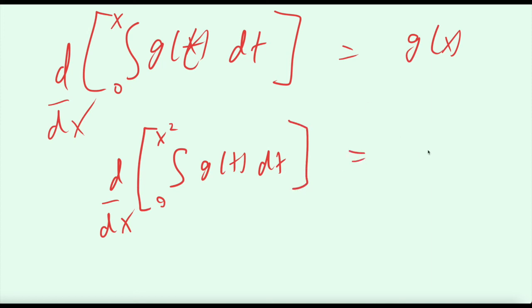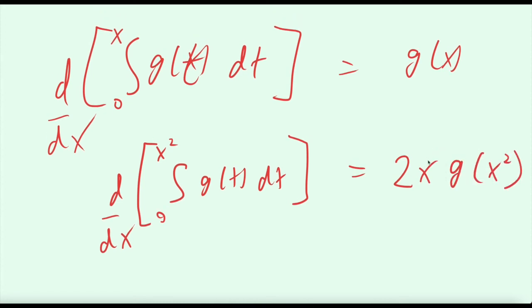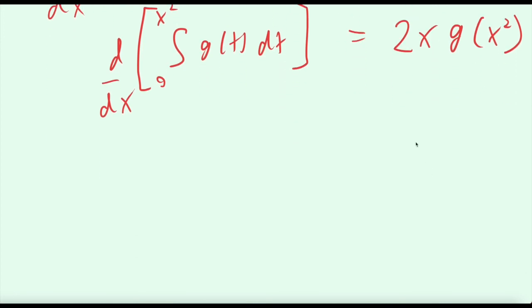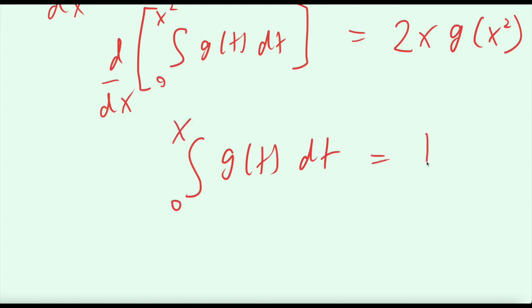Well, if you do it, you'll get the answer as 2x into g of x square. Now why do you get it like that? Let's say that the integral of g of t dt from 0 to x is equal to some function f of x.